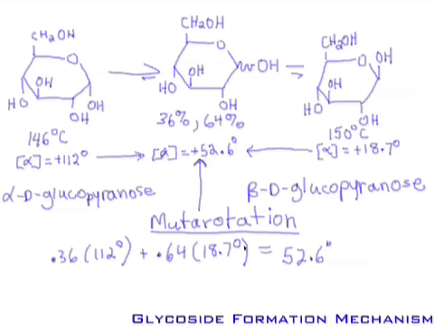What's interesting, though, is that you can stop this open up equilibrium, the production of the open chain, if you take your hemiacetal and you convert it to a full acetal. So let's start with alpha beta D-Glucopyranose.